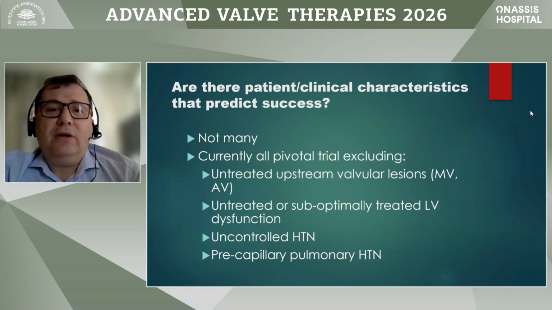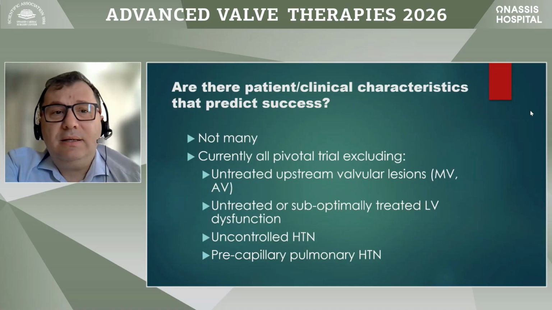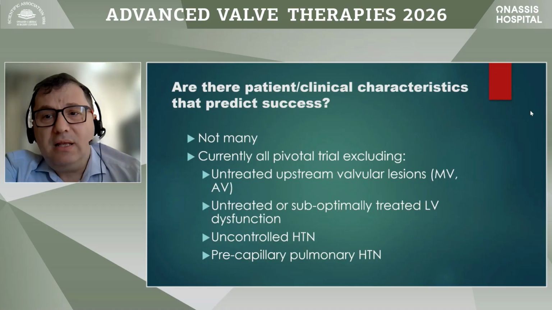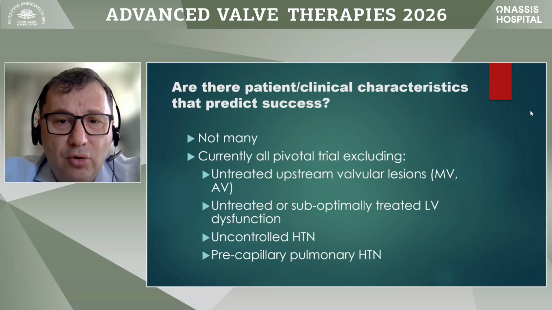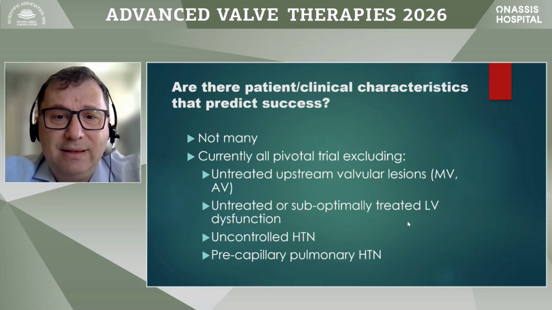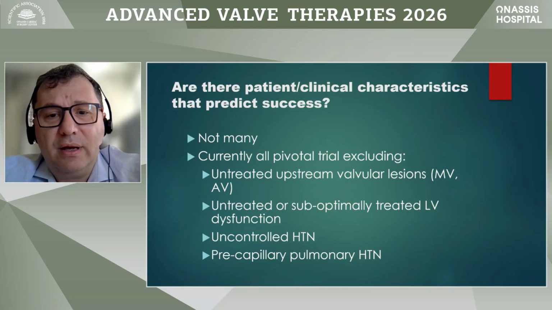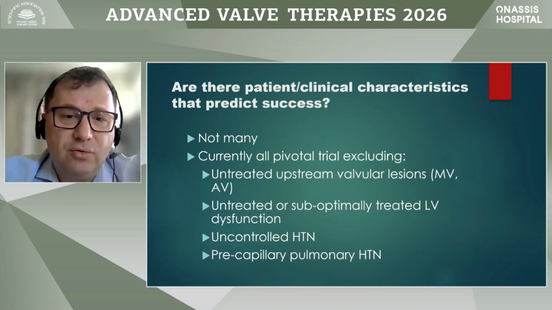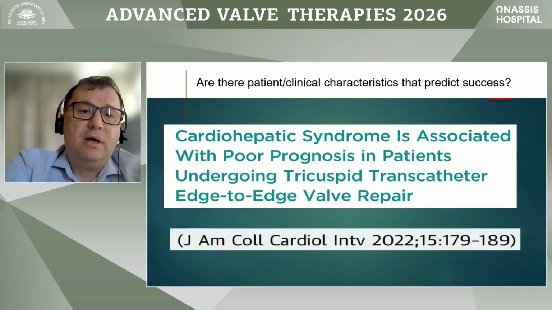But are there actually any patient or clinical characteristics that predict the success of the treatment? Not many, because the pivotal trials exclude patients with untreated valvular lesions, with LV dysfunction, with uncontrolled hypertension, or with precapillary pulmonary hypertension.